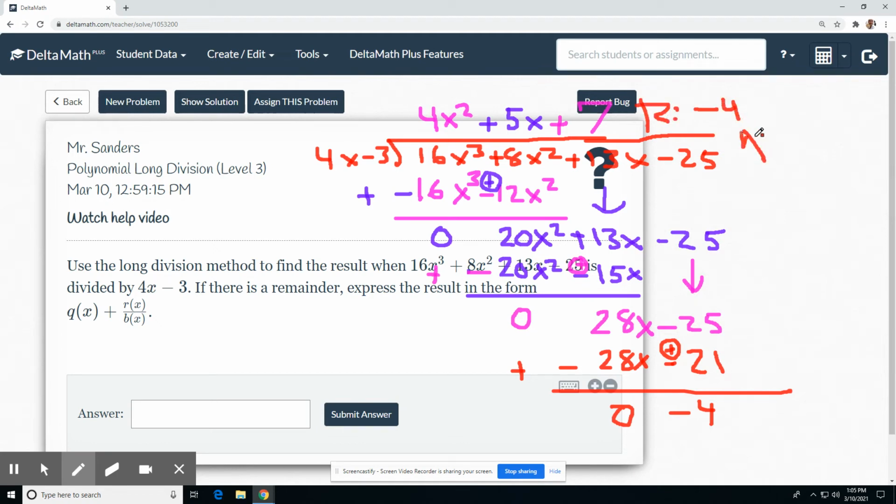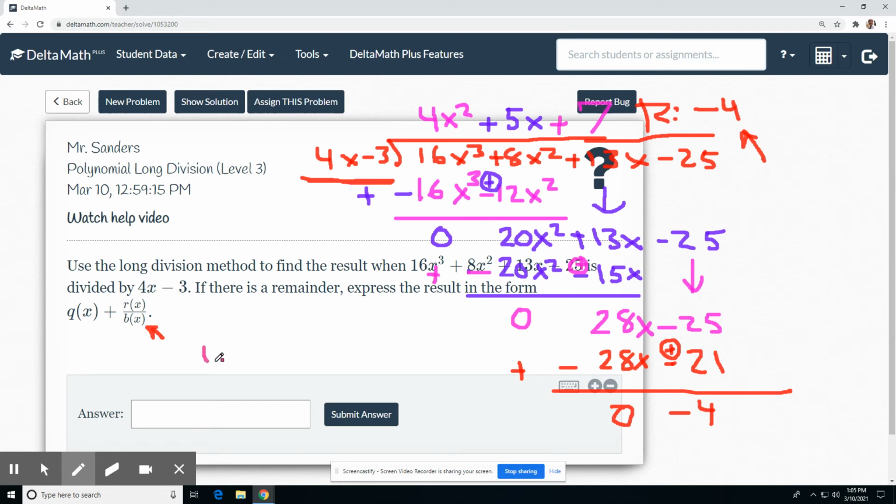But how they want us to write it is that we take that negative 4 and write it with the divisor on the bottom. That's the 4x minus 3 right here. So let's go ahead and write that out.